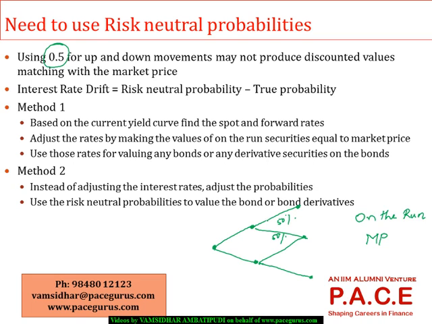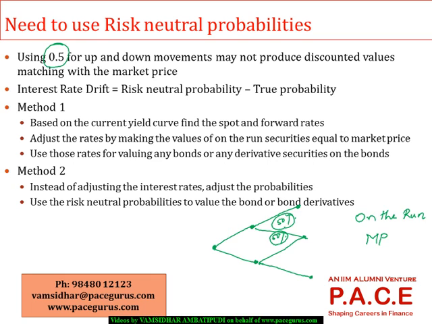So from that standpoint, I have to modify these probabilities so that when I am doing the valuation of on the run securities, the value is equal to the market price.